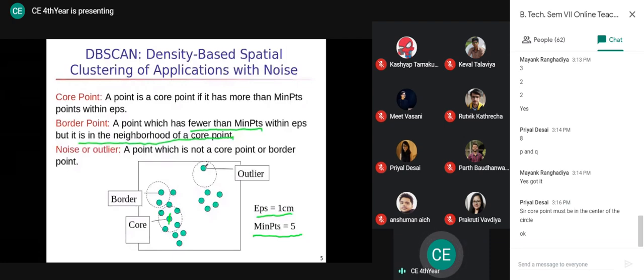So if you check this outlier point as well as the border point, none of them satisfy this min points criteria. If you consider the border point, the count is just one, or if you consider this point, then the count is two, and the maximum count is two, but still it is less than five. If you consider this outlier, the count is zero. Once again, it's less than five. So for outlier as well as for the border point, none of them will satisfy this min points criteria.